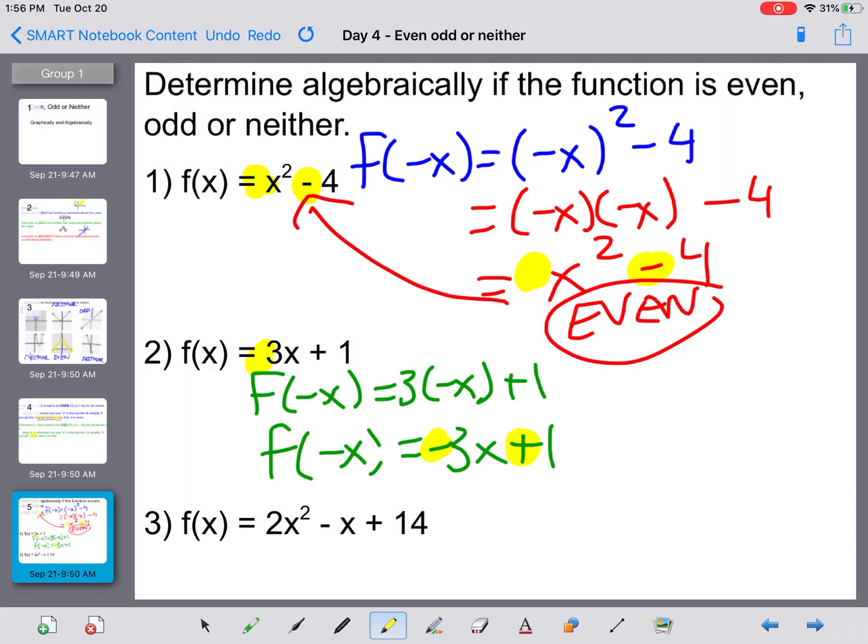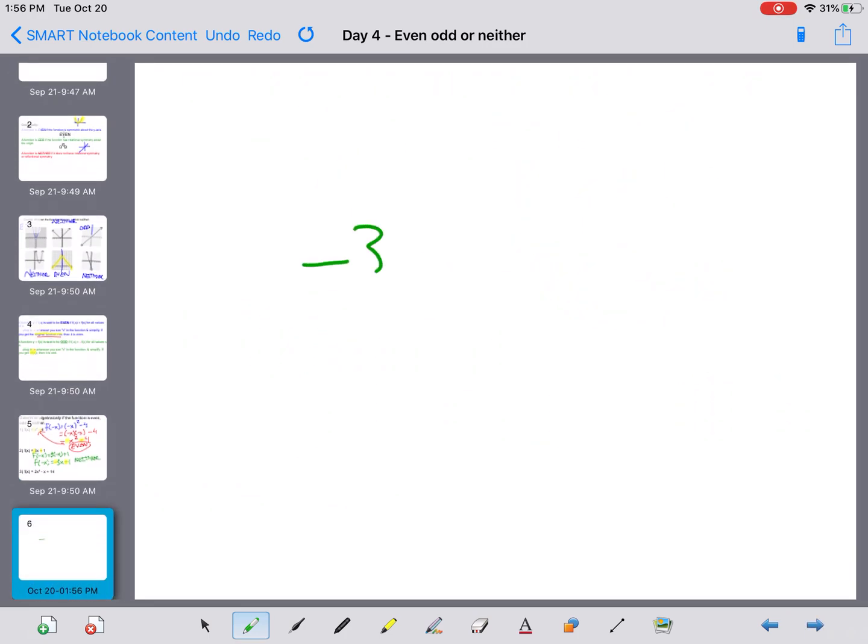And then we have a positive and a positive. So we don't have the exact opposite. Opposite meaning all of the signs flipped. Only the first term, the leading coefficient, flipped. So then it's not odd, so we would say that this is neither. We would need something to look like negative 3x minus 1 in order for that last one to be odd.